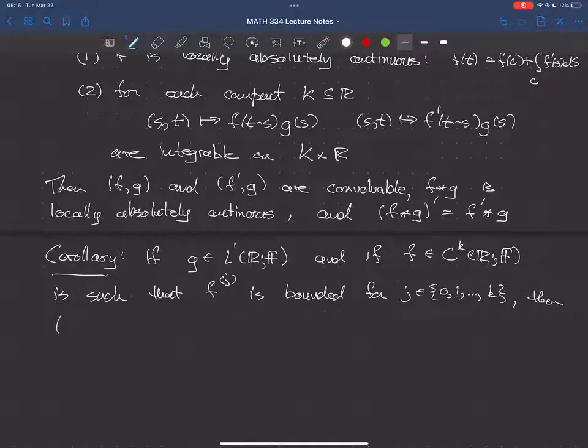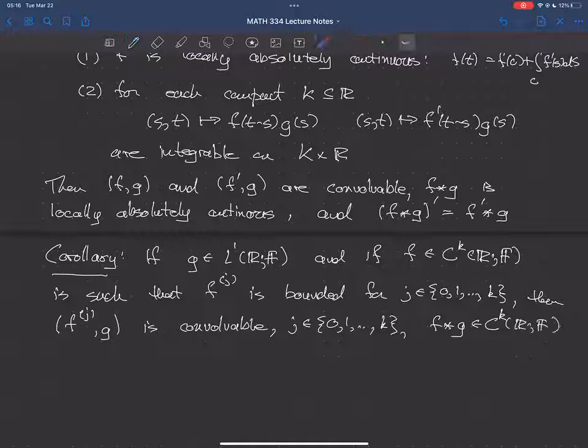But moreover, f^(j) and g are convolvable, where j is in 0, 1, up to k. And f star g is C^k.